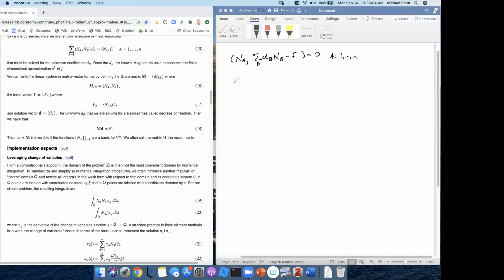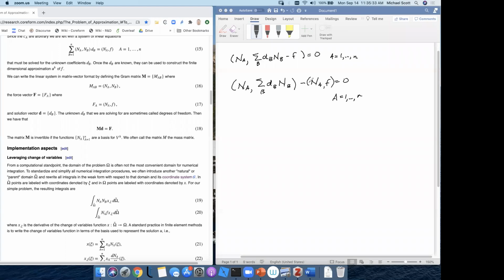Let's go ahead and do this first. So I hope that you can see that this is nothing more than an application of the properties of a symmetric bilinear form.